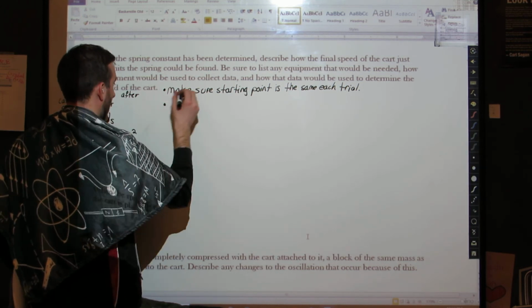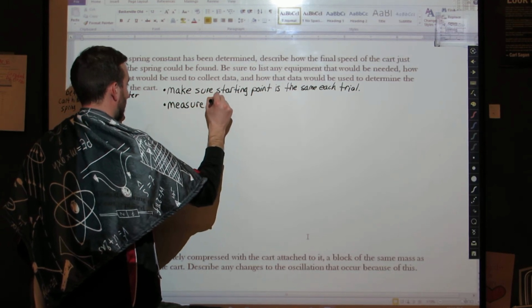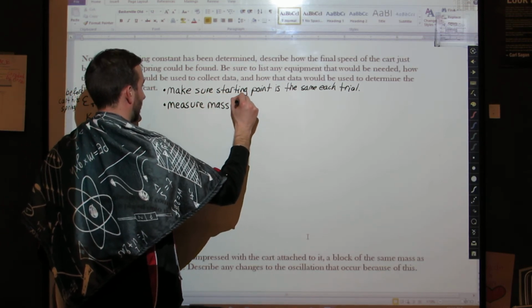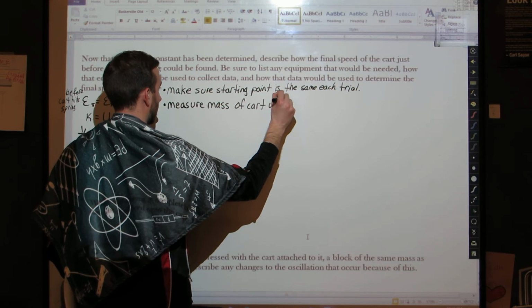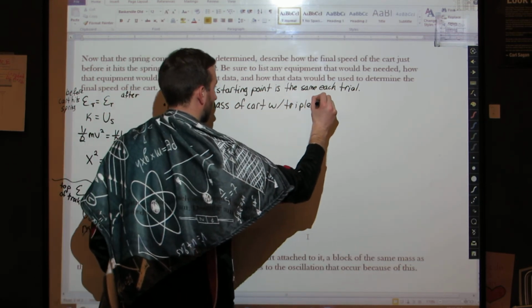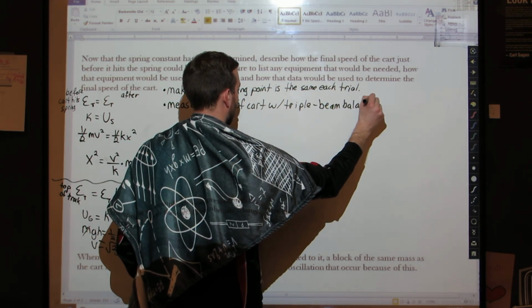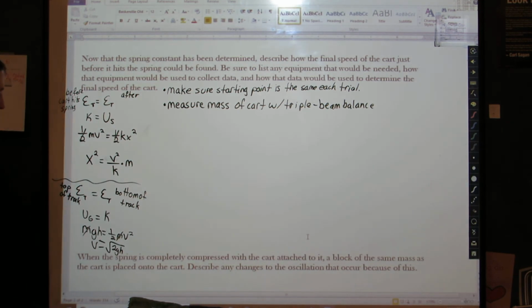For each trial, measure mass of cart with our triple beam balance. That takes care of us finding out what m is.